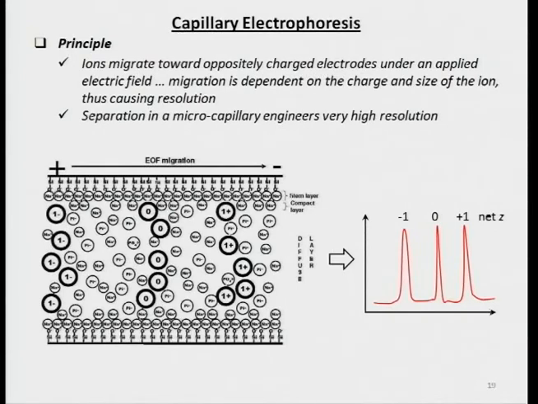And because of that, if we have a sample in which there are charged species, either positive or negative, and uncharged species, then you would see resolution and detection of all three species. Of course, for GAGs this is really not useful because GAGs are all negatively charged. But theoretically, you could detect all of these in a single experiment. That's the advantage, and it arises from the micro nature of the capillary.